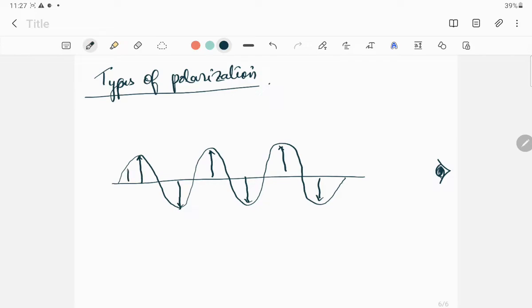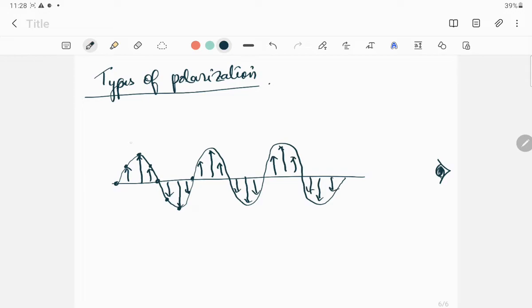We will have to consider these components also, because the electric field vector will not always be constant. It starts at 0, increases, becomes maximum, decreases and again becomes 0, and this oscillation keeps on going like that.